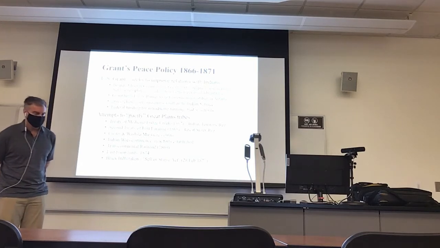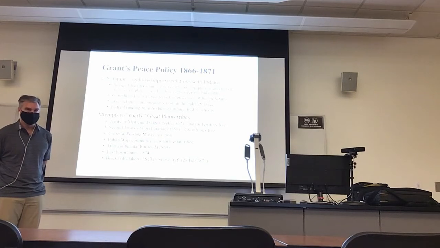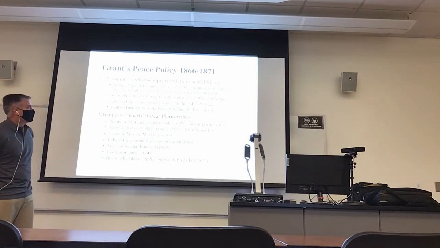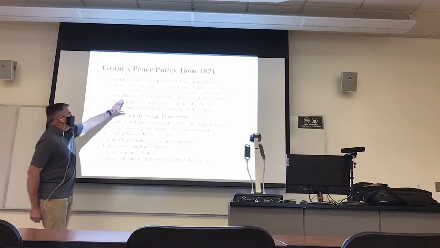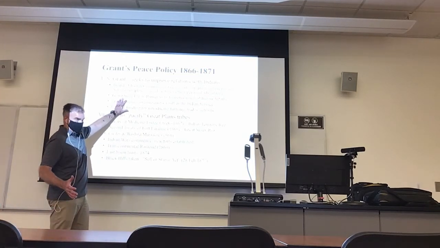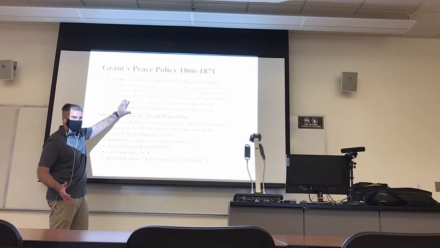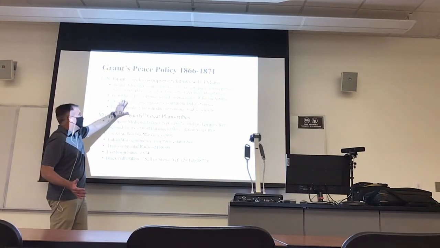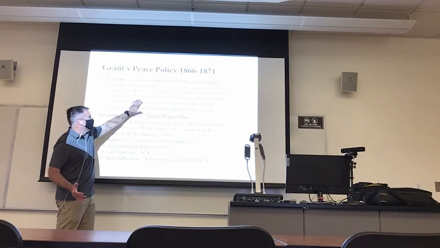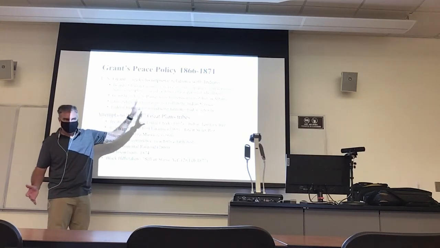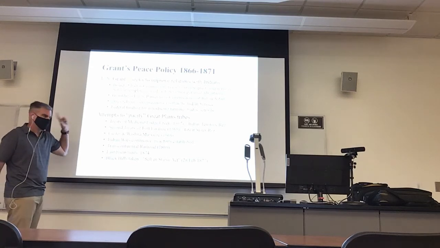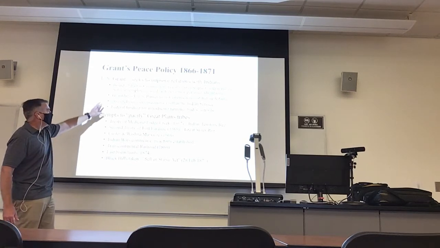A lot of that had to do with his very close confidant, Eli S. Parker, who was not only Grant's right-hand man during most of the Civil War, most of the time that he was in charge of the Union forces, but after the war, he made Parker Commissioner of Indian Affairs. Now, do you know anything about Eli S. Parker? Okay, we'll hold that thought.